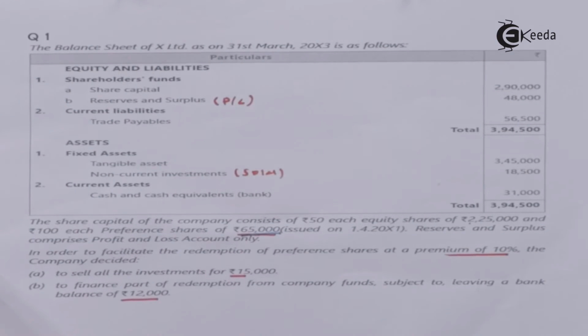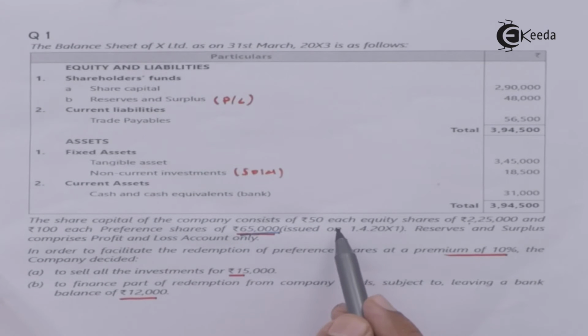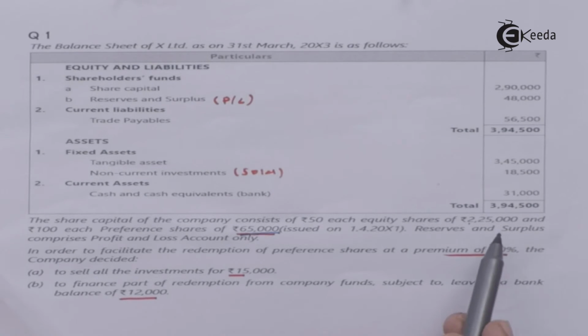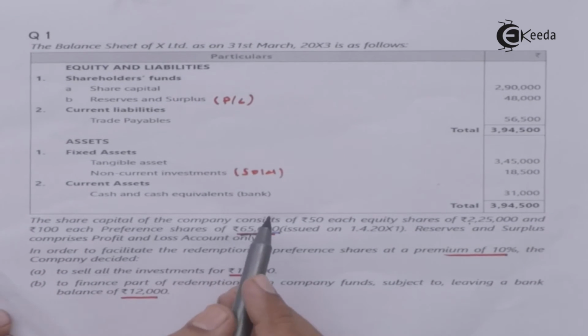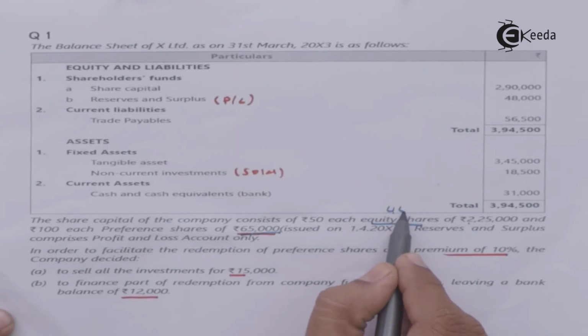Now see what they gave you earlier. The share capital of the company consists of equity shares of rupees 50 each, rupees 2,25,000. So earlier we had equity capital of 2,25,000 of rupees 50 each. That means we initially had 4,500 shares. Initially it will be 4,500 equity shares.